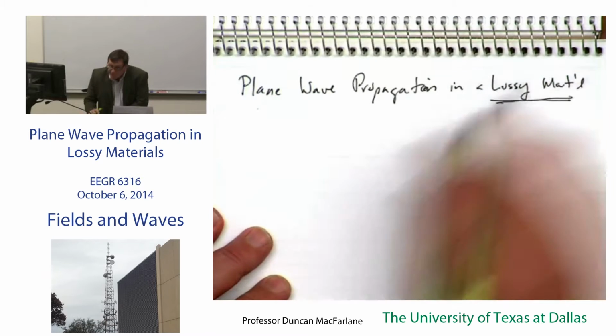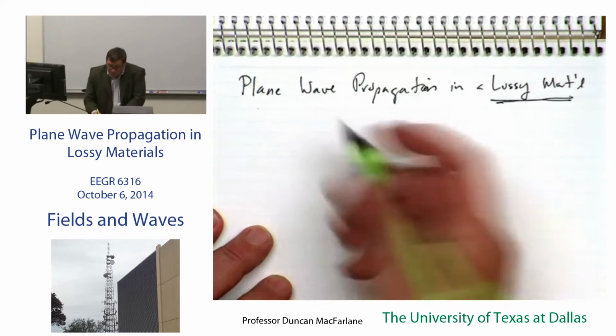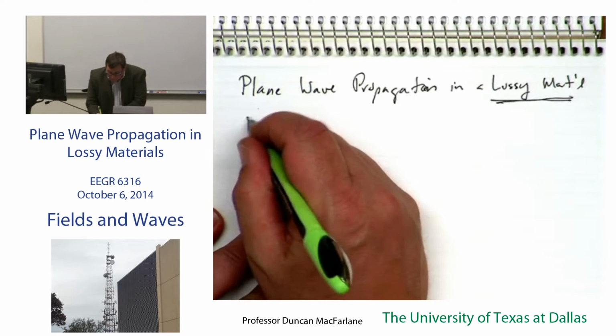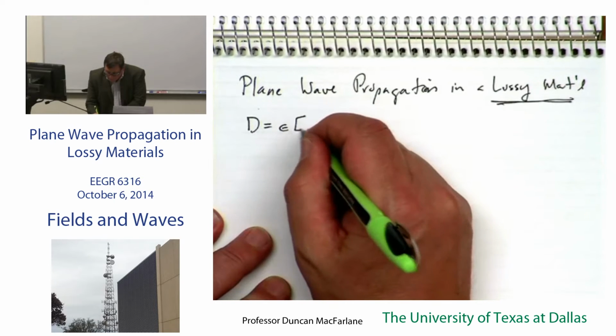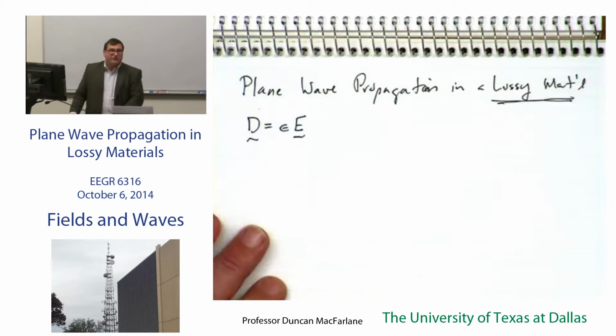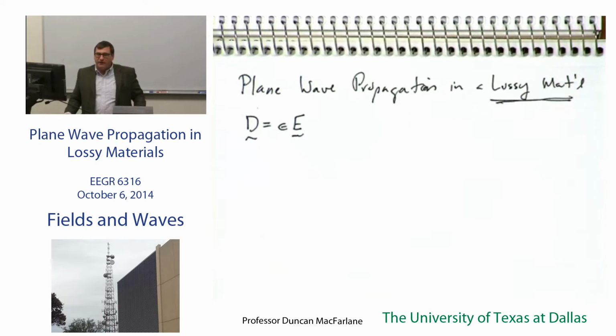So we're talking about materials, and the constitutive relations, or the material relations that we're going to look at, is the simple relationship between D and E. And I like to say that this gives rise to some sort of capacitance in our system. I say that mostly out of deference to the units of measure of epsilon, which is farads per meter.